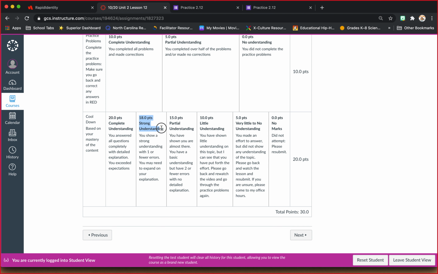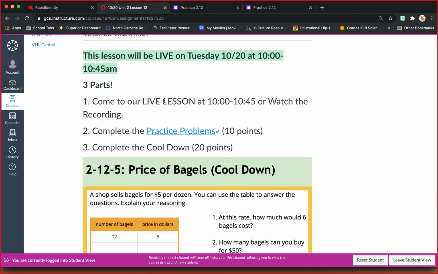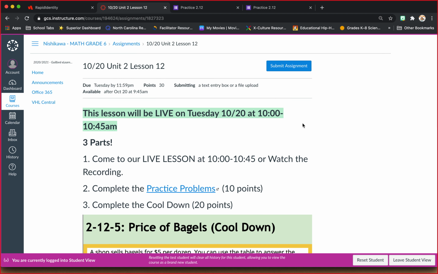If you have a pretty strong understanding, but maybe you're missing something, you'd get 18 points. If you have a partial understanding, you'd get 15 points. If you get 10 or 5, so if you're not getting a good score here, then you need to go back and redo it by doing the practice problems or watching our live session. Does that make sense to everyone?